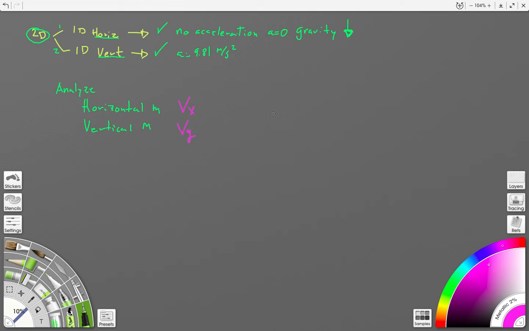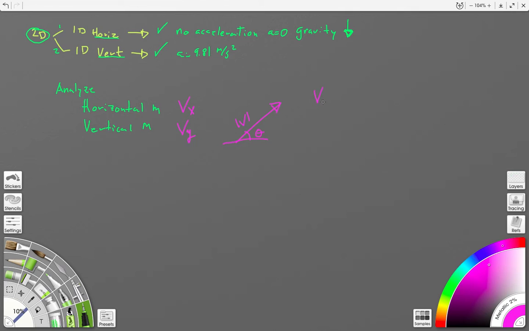How do we check these two types of velocities? Well, remember that velocity is a vector, right? So call this the velocity vector. This velocity vector forms an angle with the horizontal, and it has a magnitude, right?